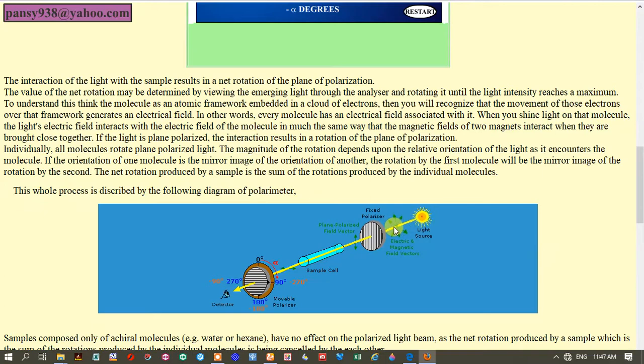This non-polarized light is passed through a polarizer which polarizes the light, and upon passage of this light through the sample which is enclosed in this tube, we observe the degree of its rotation.